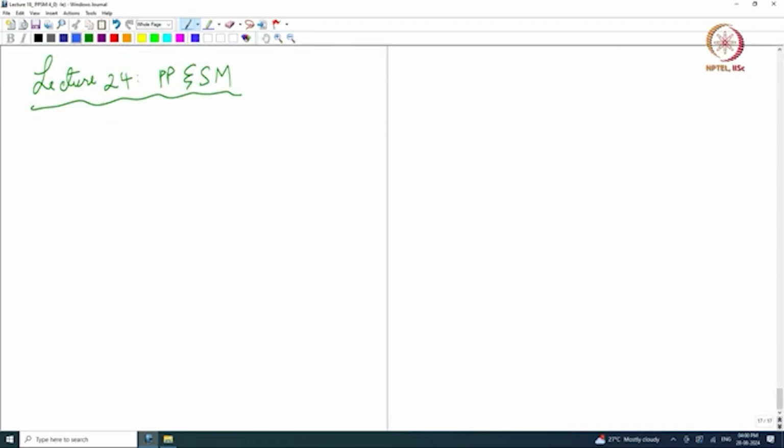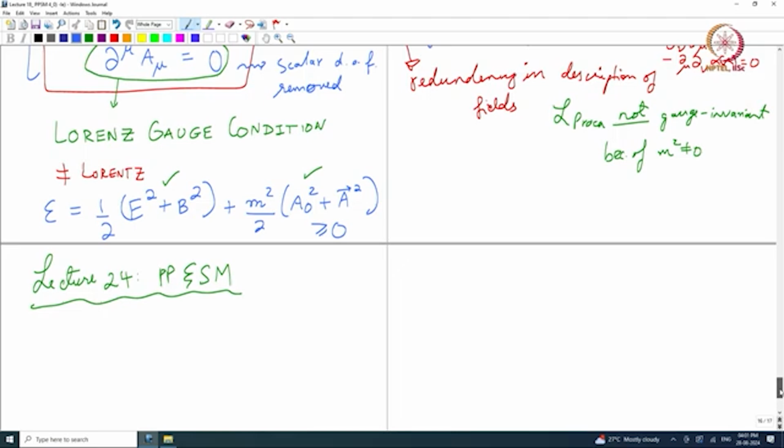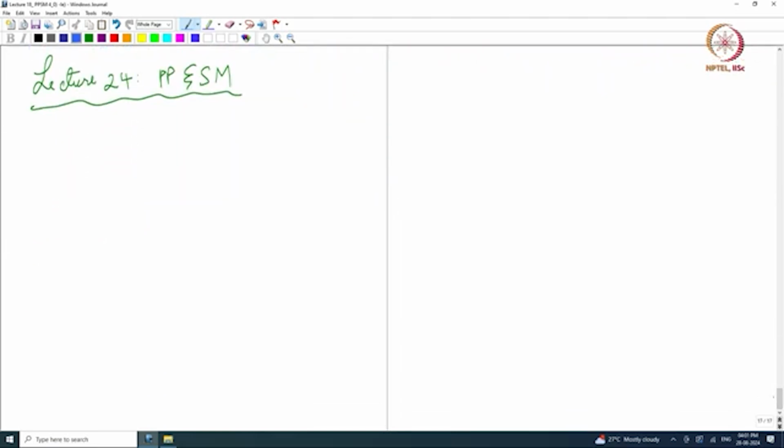Now, it is instructive to write down how the solution looks for this equation of motion, for the Proca equation of motion. Okay. So, how would it look? Once again we make a mode expansion. Remember we did this for the Klein-Gordon field, that is what we are going to do here also. Okay.